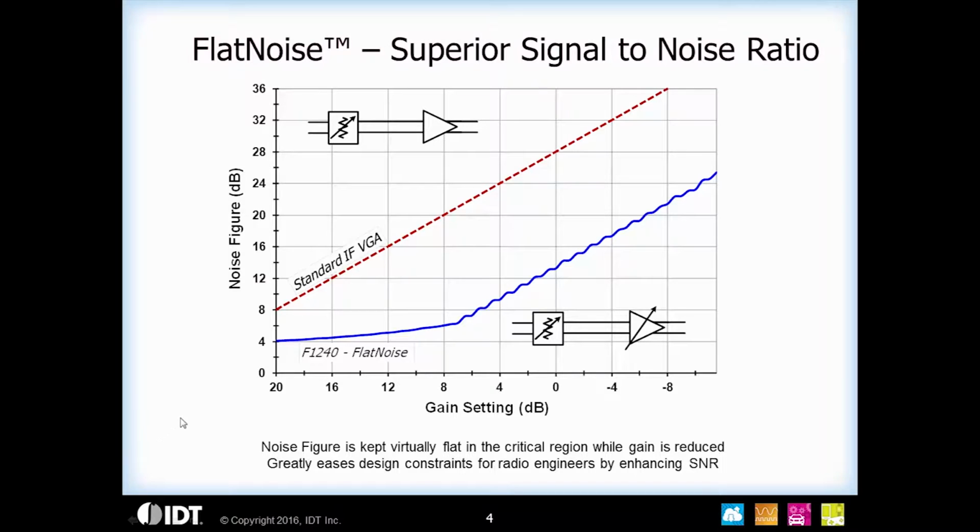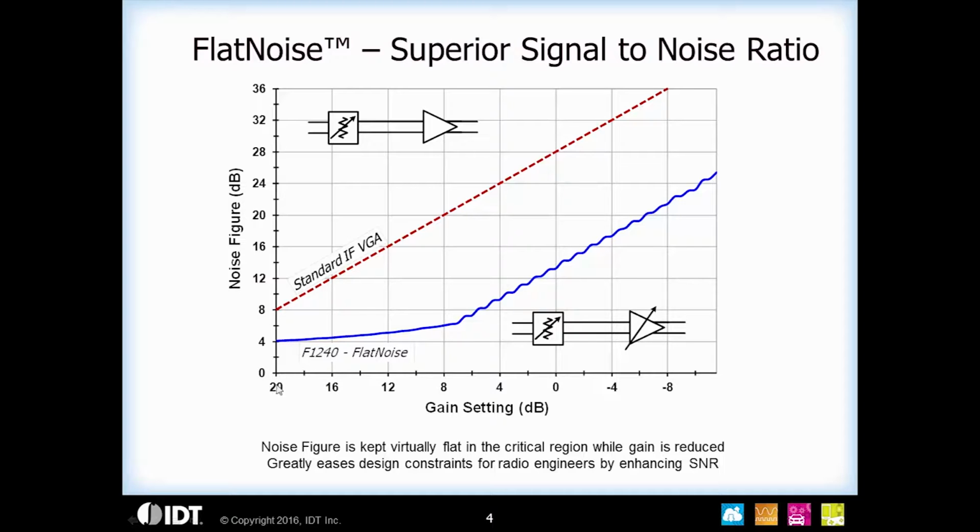Another unique technical innovation from IDT is flat noise. Noise figure is a figure of merit for RF devices. With high intermediate frequency variable gain amplifiers, as you reduce the gain of the amplifier, the noise figure degrades. As you see on the slide, for a standard VGA, going from 20 dB gain to 16 dB gain, the noise figure degraded from 8 dB to 12 dB.